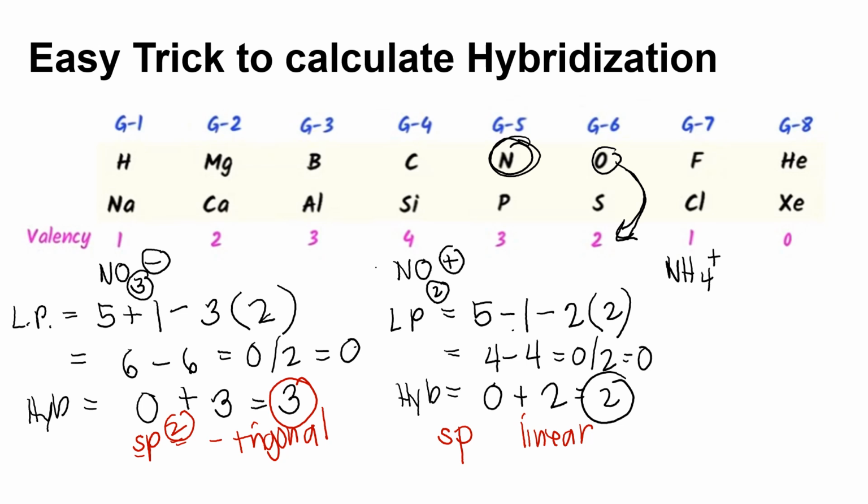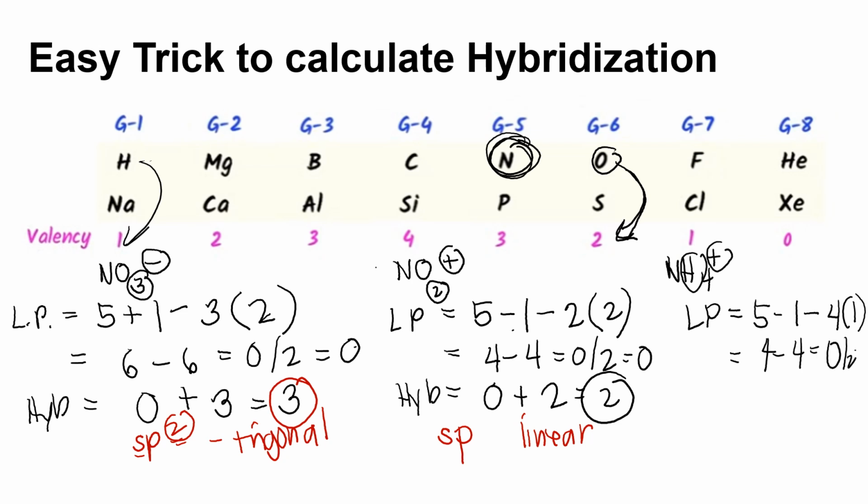So lastly, for the example for nitrogen, we have the lone pair here. Still, the group number of nitrogen is 5, and this is a plus, so we minus 1, minus 4 hydrogens with valency 1. If we compute that, 4 minus 4 is still 0.